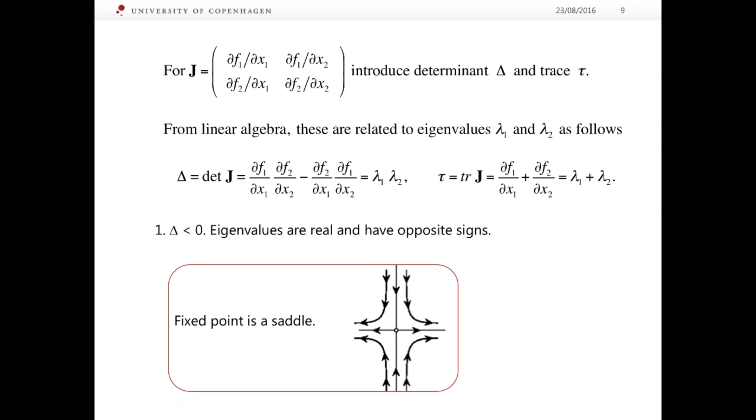When it approaches the fixed point closely enough, it will start feeling the influence from the unstable manifold, and it will turn and start following the unstable manifold. So overall, the phase trajectory that started near the fixed point will ultimately go away from this fixed point. So the saddle fixed point is not really stable.